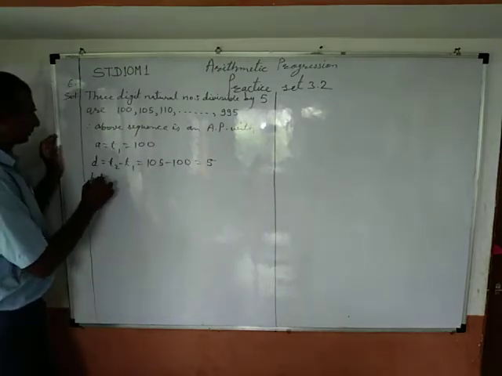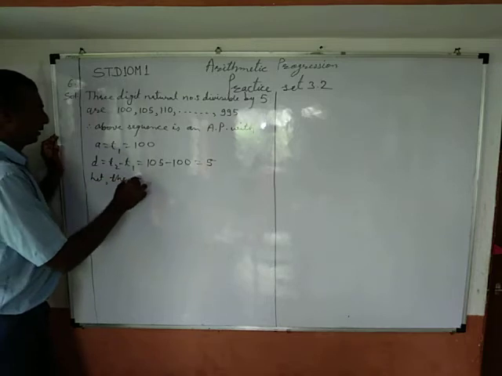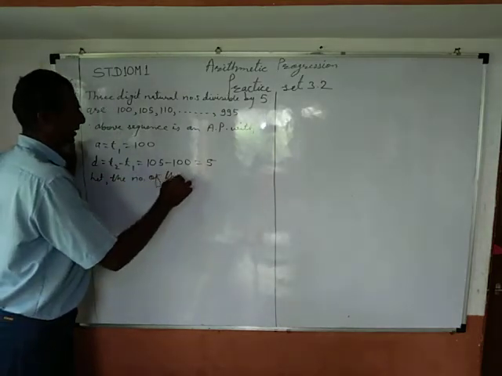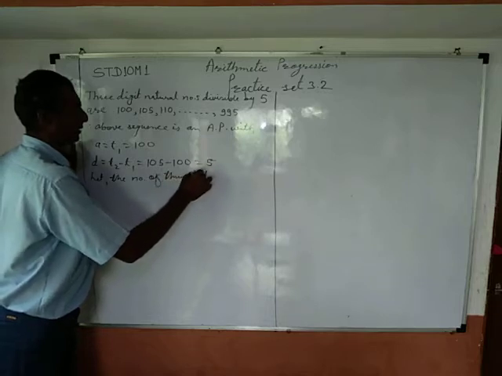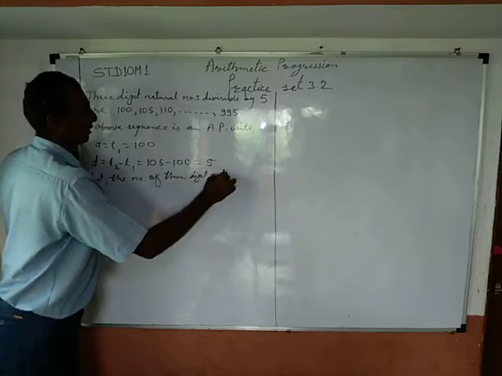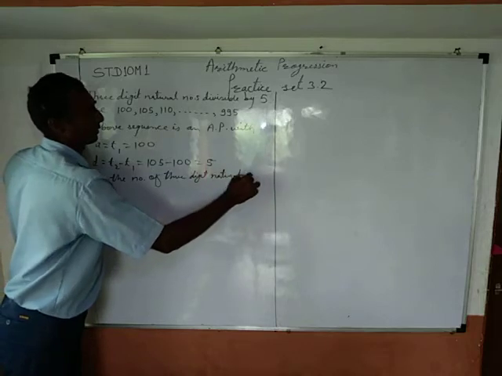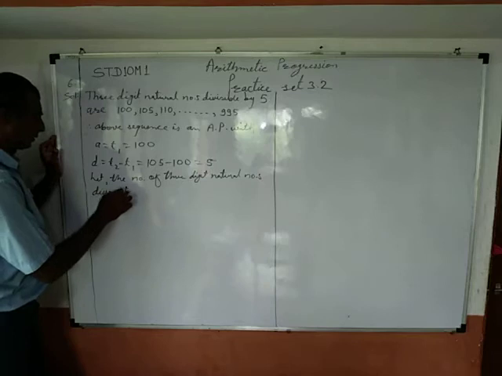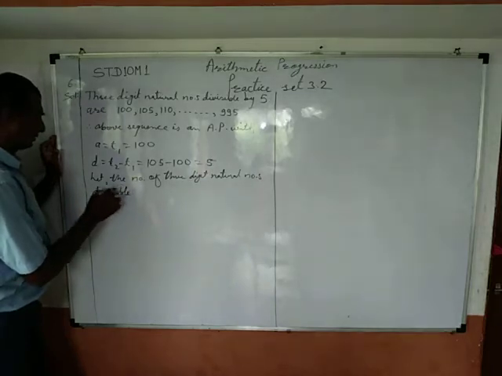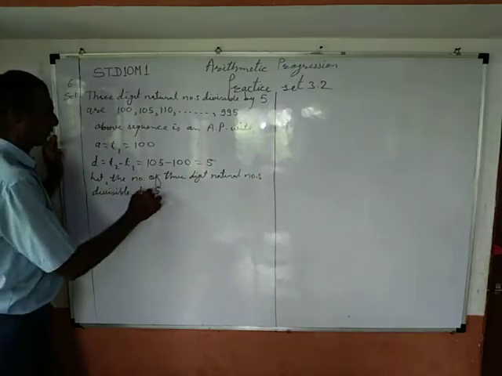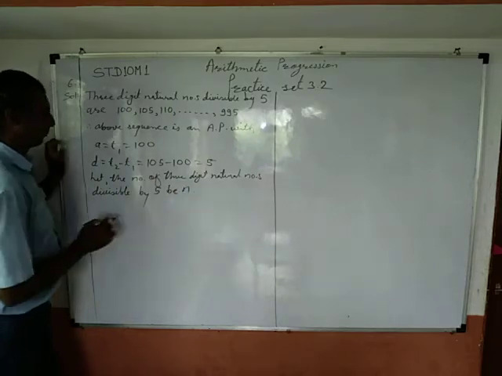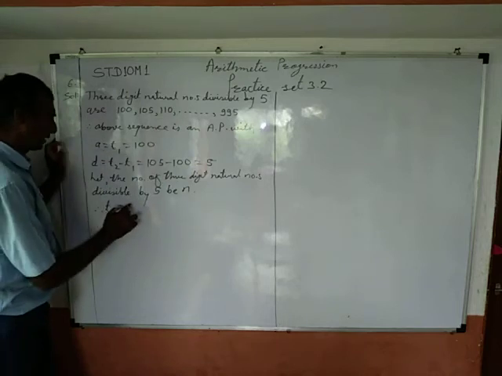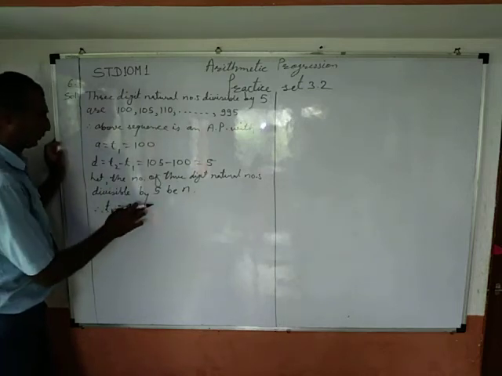Let the number of 3-digit natural numbers divisible by 5 be n, and therefore Tn will be that last number, that is 995.